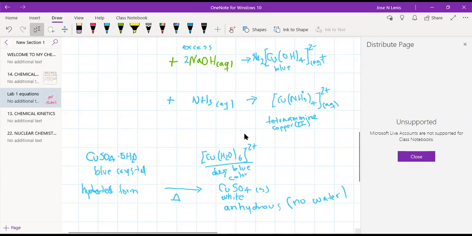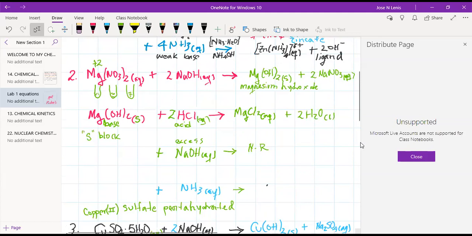Check the video. And what's the color once we get rid of the water out of the crystalline structure to get the anhydrous cobalt chloride? So you see similar situation here. That's why I didn't do it, because I already mentioned it in that part of the experiment about the hydrated and anhydrous forms.